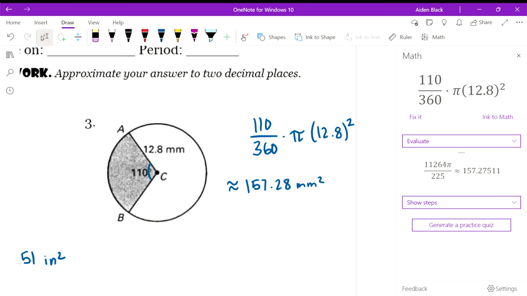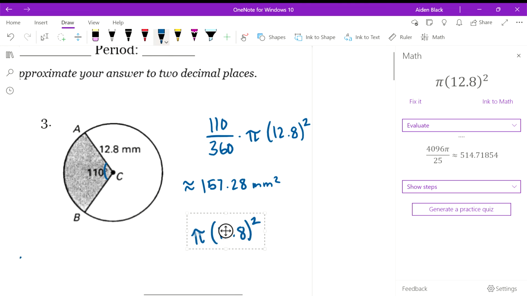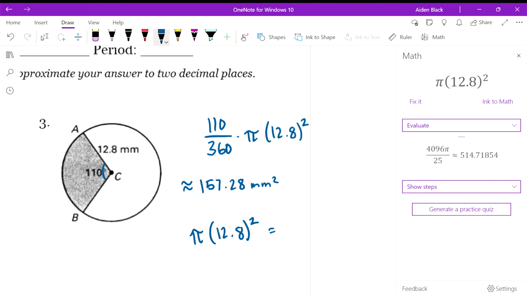Does that seem reasonable? Well, let me real quick look at pi r squared to see the full area. Pi times 12.8 squared is about 514.